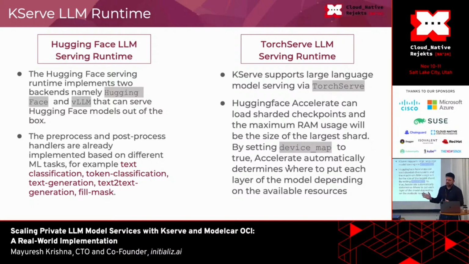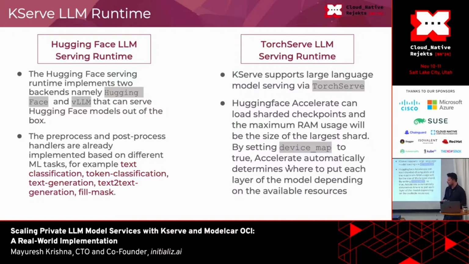Out of the box, it uses vLLM, and you can choose to use Hugging Face Accelerator as well if you want to. It also builds out some of the ML tasks out of the box, so you don't even have to build them yourself. You can get the LLM model, and you can have some of these tasks already available to you, like text classification, token classification, and generation. You can extend that to build your own other task capabilities based on the model you have and it supports.